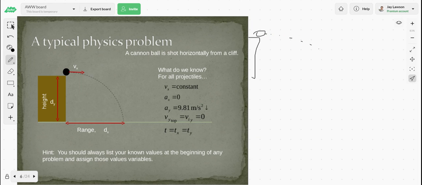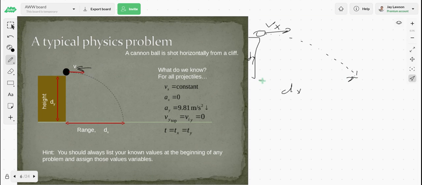I'm going to try to just kind of draw the path of what this is going to look like, knowing that it's shot horizontally. And I can also draw a velocity vector, as indicated here, and d of y is going to be the height of the cliff, and d of x is going to be how far downrange it went.